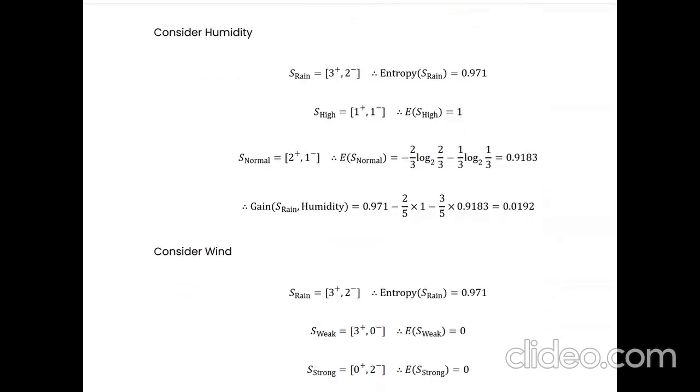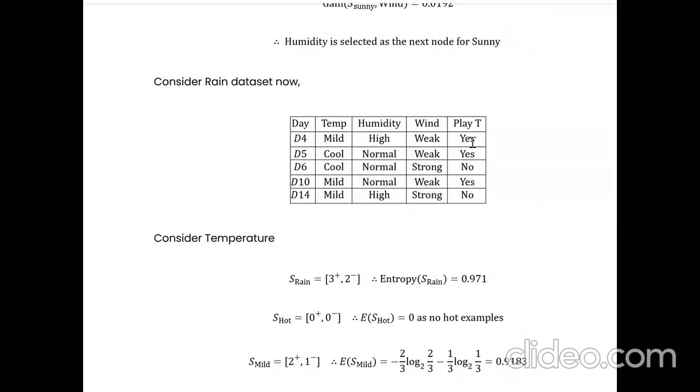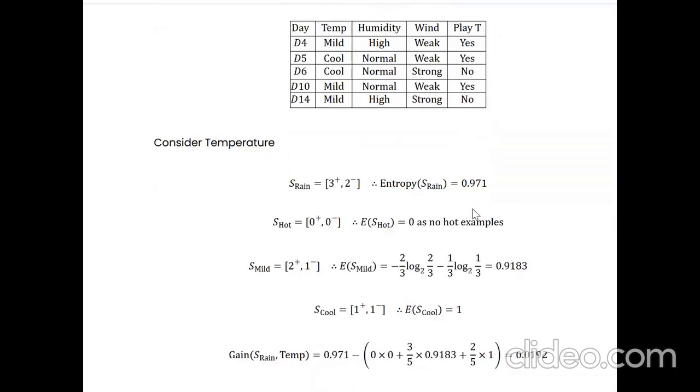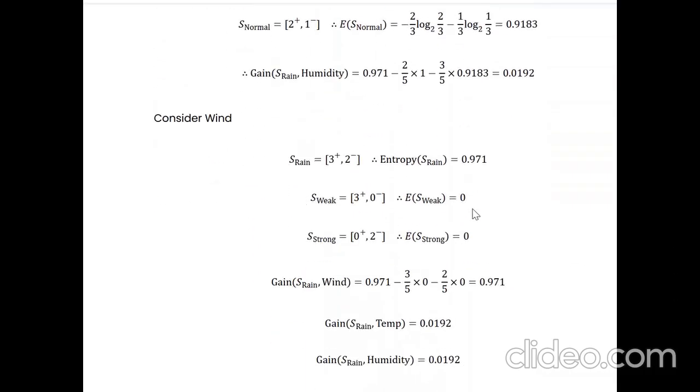Next, we will consider wind. The values are weak, where all three are yes, and strong, where both are no. So S weak is all positive, therefore entropy of S weak is 0, and for strong, all are negative, therefore entropy of S strong is 0.